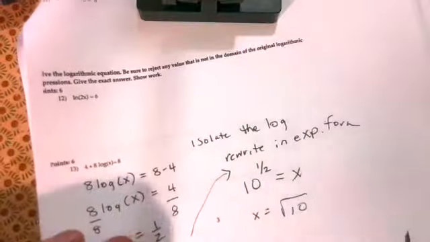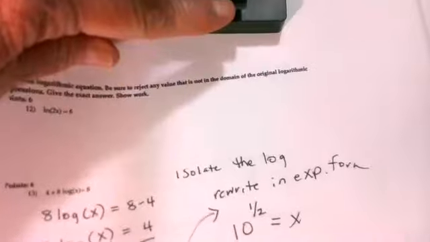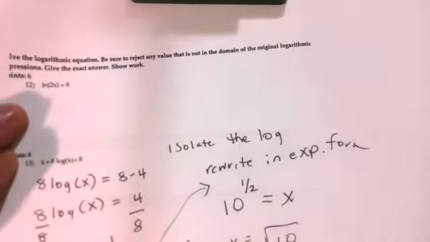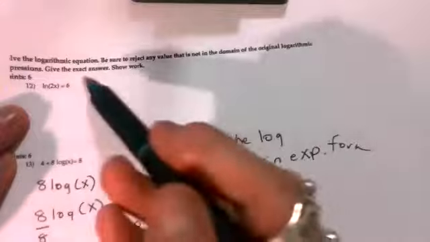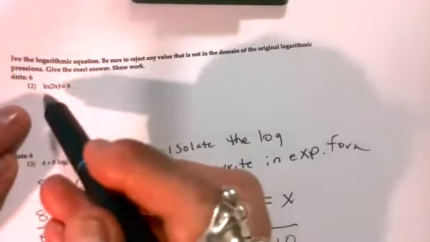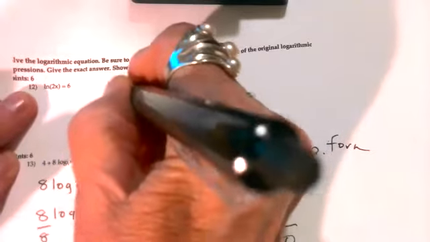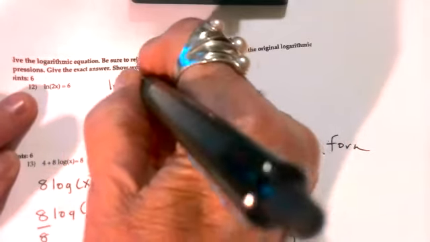So, for instance, here's a log equation. We already have one log, so you want to rewrite it in exponential form. Natural log is just log base e.